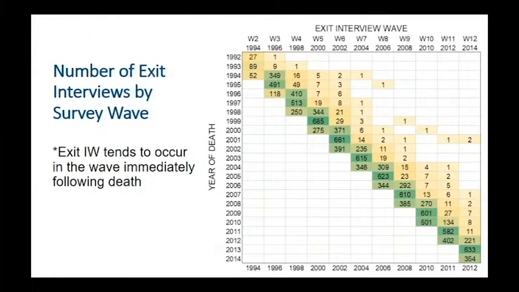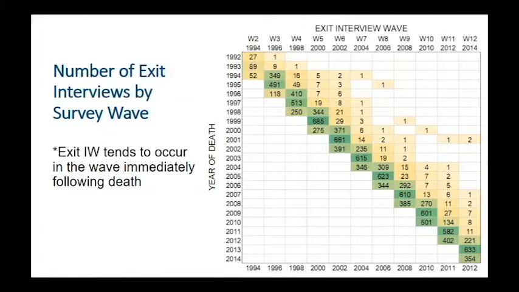The HRS tries to conduct exit interviews in the survey interview wave immediately following the death of the respondent. This graphic shows on the y-axis, that vertical axis, the year of death of respondents in the Health and Retirement Study. The x-axis shows the exit interview wave.